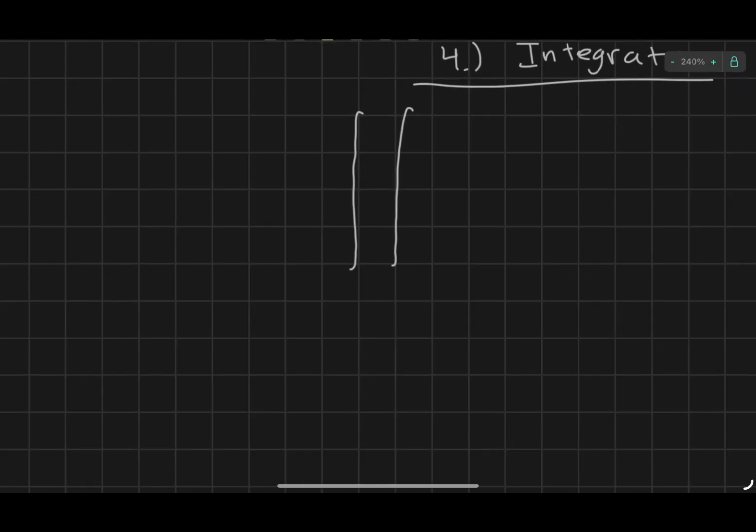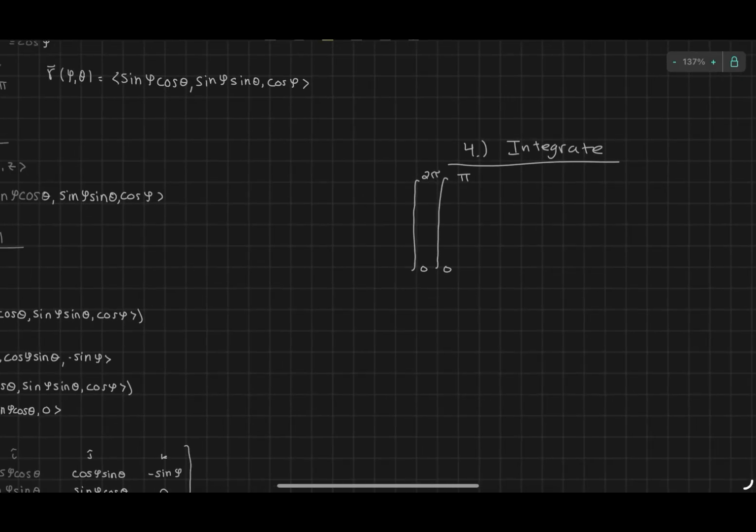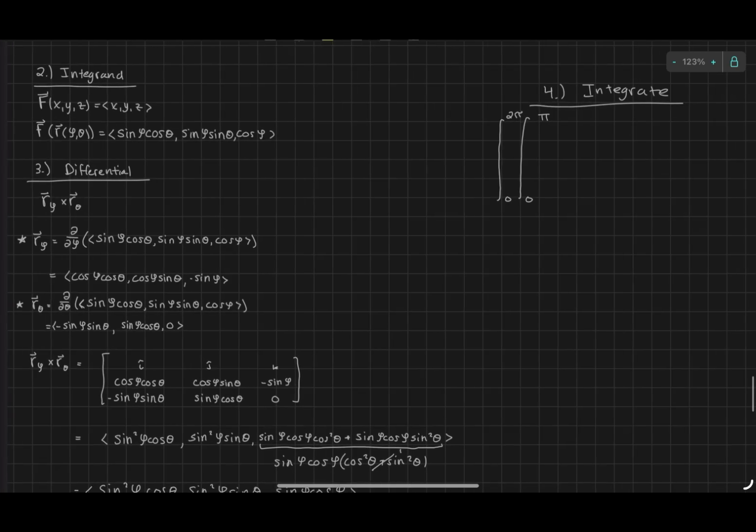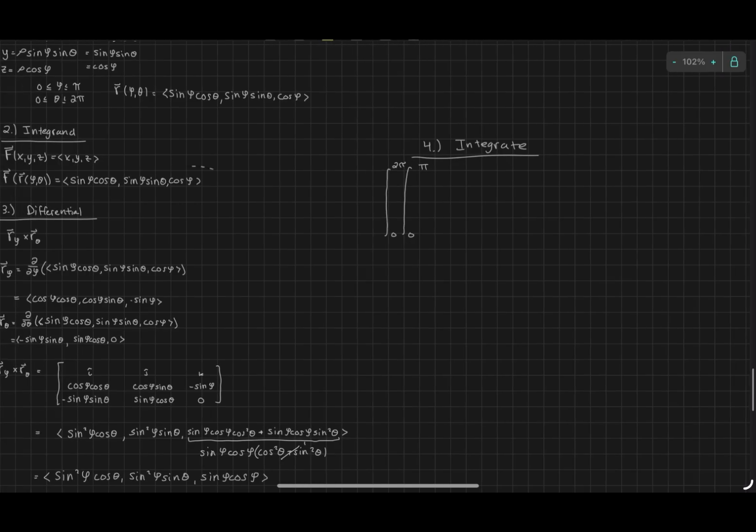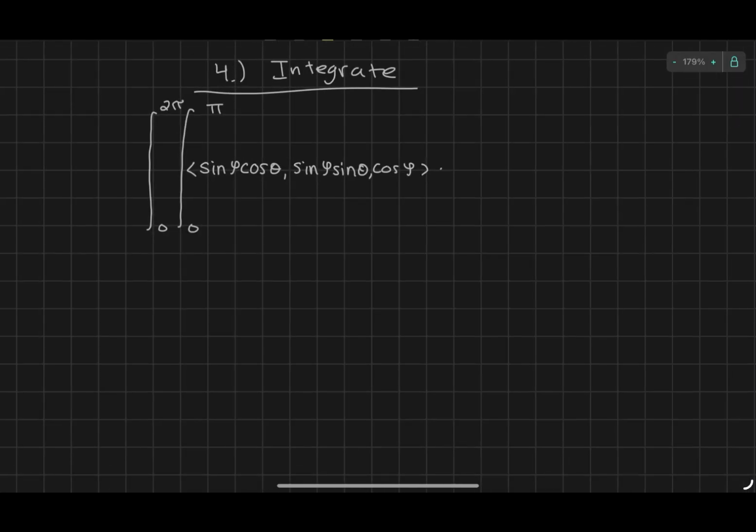So we're going to have from 0 to pi, and then 0 to 2 pi. And then we are going to have our integrand. I'm just going to copy and paste now, to be honest. I think that would definitely be the easiest way to go about this, instead of having to rewrite all this. Copy and paste our integrand. That is going to be dotted with our differential.